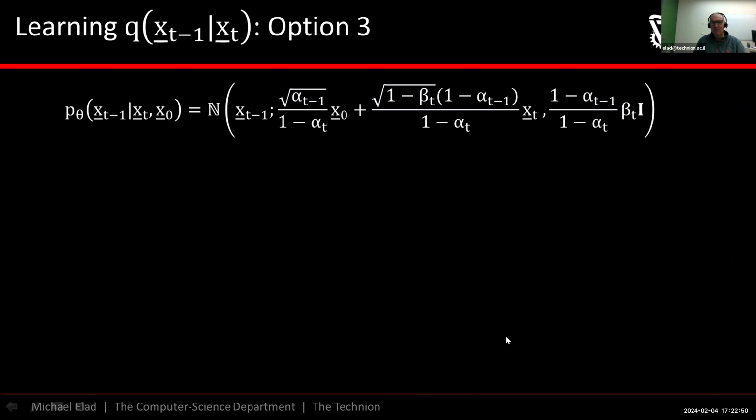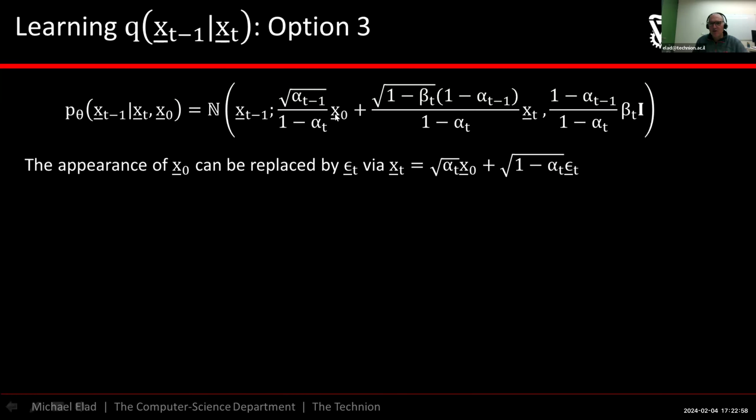Okay, so we have this expression. What do you do with it? First, I want to draw your attention to the following. You can replace the appearance of x0 with epsilon t. Just a technicality. Why? Because if xt is known and x0 is known, then epsilon t is known. So two give you the third element.